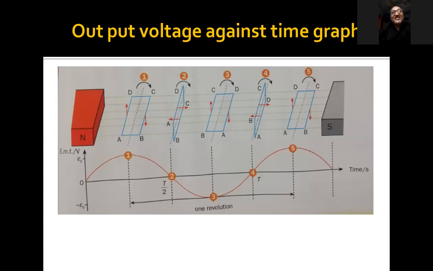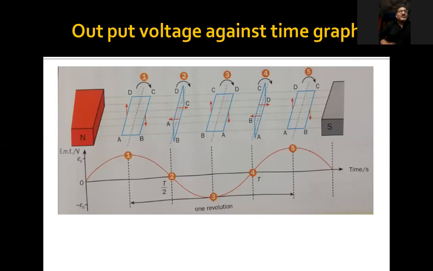It is moving now in the opposite direction. In the first position, in the CB conductor, the current was flowing from C to B. But in the third position, the current is flowing from B to C. The direction of the current has reversed.